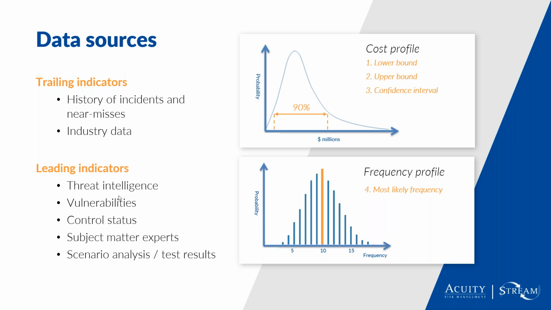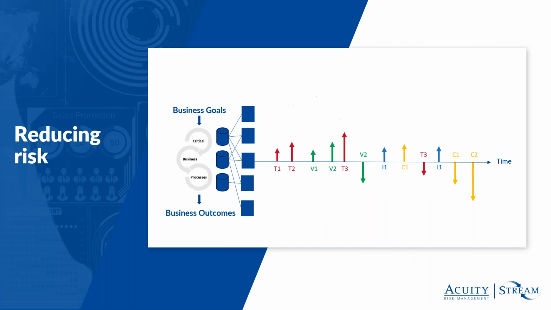Input from subject matter experts, and also scenario analysis and test results are all sources of data that can help us to understand the potential cost profile and the potential frequency profile, and in particular, these 4 data points. So that's how we can assess and visualize a financial loss profile from cyber risk.